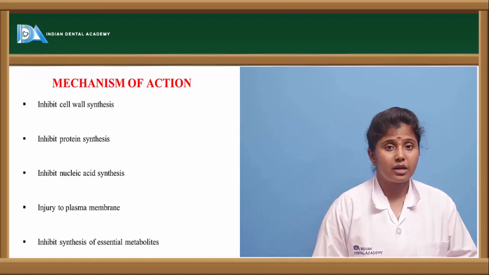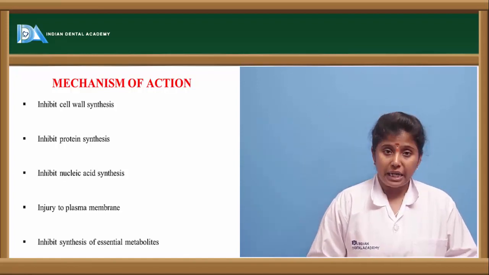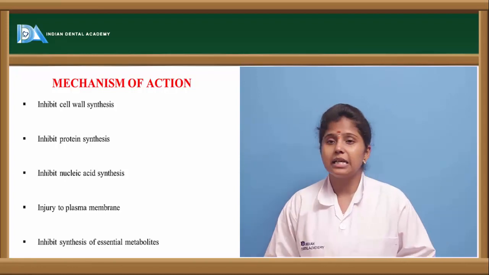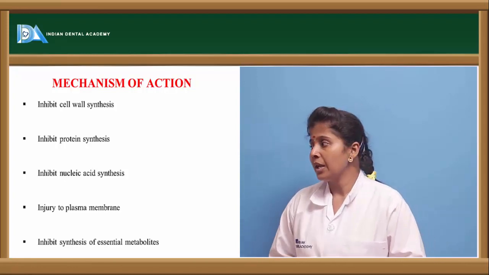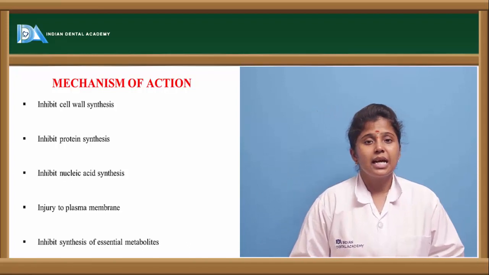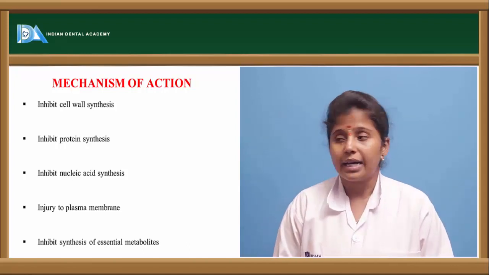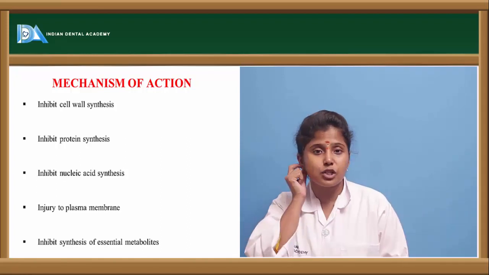There are various mechanisms of action by which they inhibit microorganism growth or kill the microorganism. They inhibit cell wall synthesis, protein synthesis, nucleic acid synthesis, injure the plasma membrane, and inhibit the synthesis of essential metabolites.